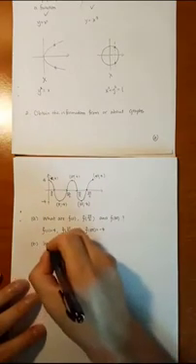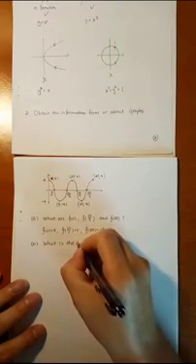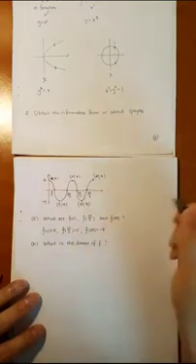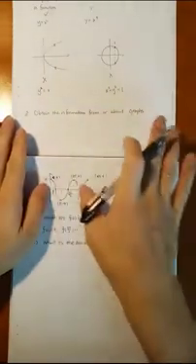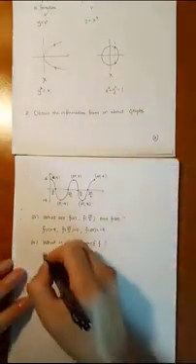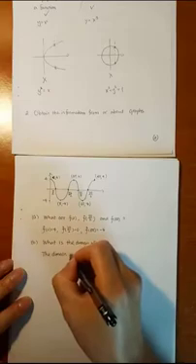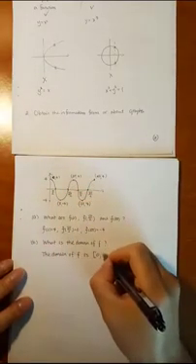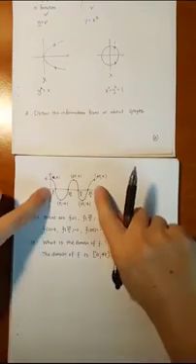What is the domain of f? The domain of f just means the possible values for x, for the input. So the domain of f is from 0 to 4 pi.